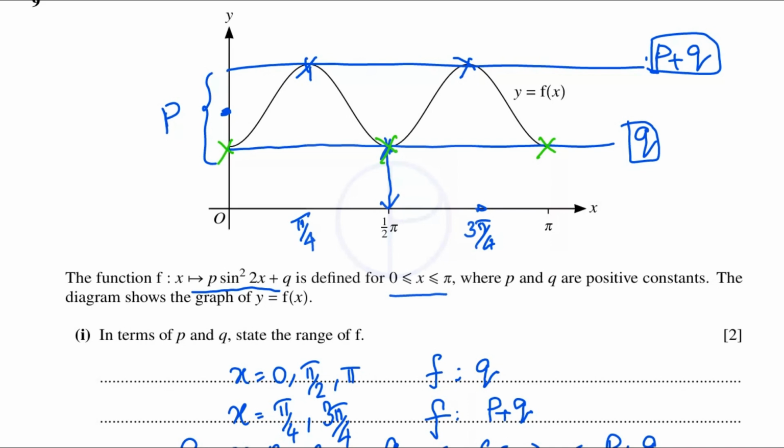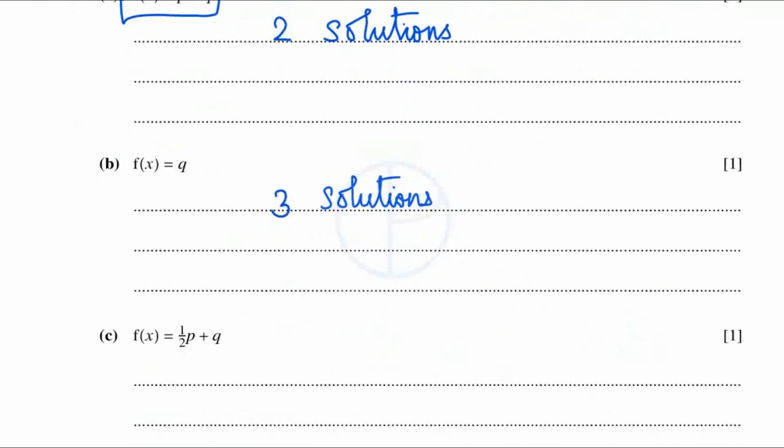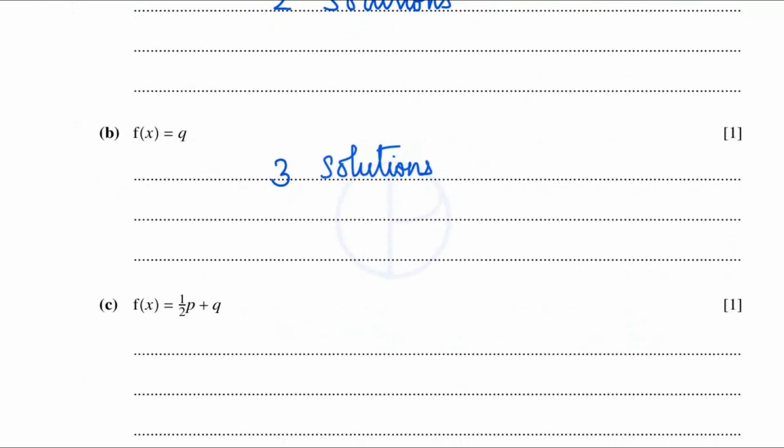So if you draw a line here, this will be half of p plus q. Okay. So this line intersects with the curve at 4 points, 1, 2, 3, and 4. So it has 4 solutions.